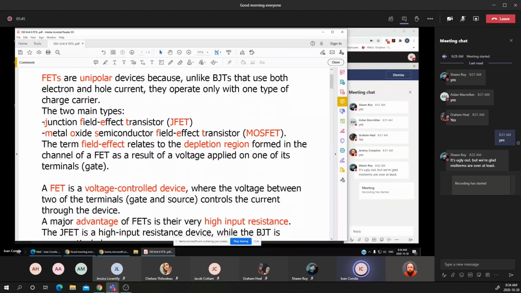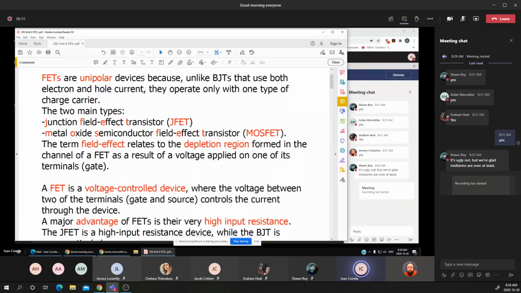Basically, there are two main types. I may mention some other types of FETs, but they actually derive from the MOSFET, and those are the newest types of FETs. But we'll introduce the junction field effect transistor, known as the JFET.